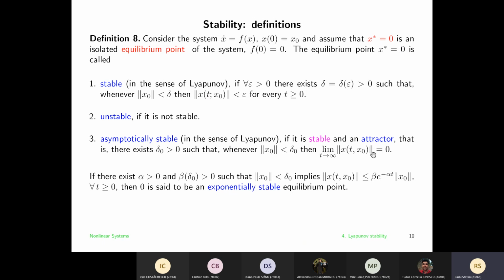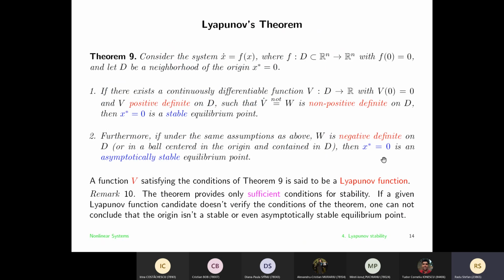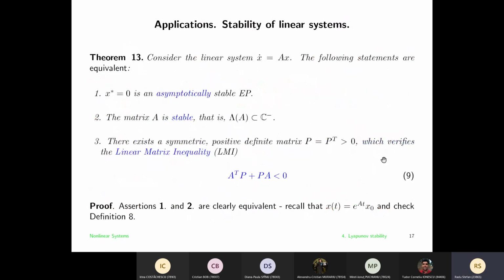Just that for linear systems, here we have the expression: this is exponential AT multiplied by x0. And in order to fulfill this condition, A had to satisfy the eigenvalue condition, to have all eigenvalues with negative real parts, right?